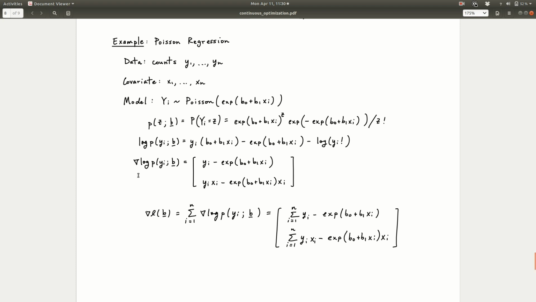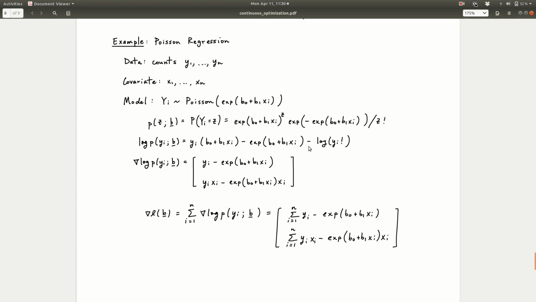If we take the gradient, that means we take this expression and take the derivative with respect to b0, that goes in the first entry, and then the derivative with respect to b1, that goes in the second entry. So for b0, the only thing that's going to survive in this term is yi, and then in this term you're going to get a minus e to the stuff inside, multiplied by 1.